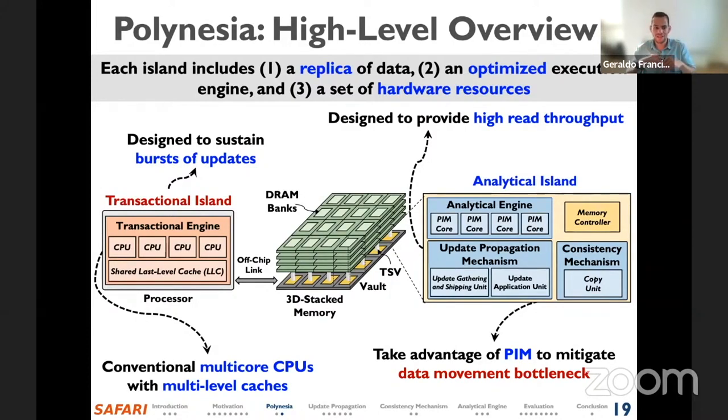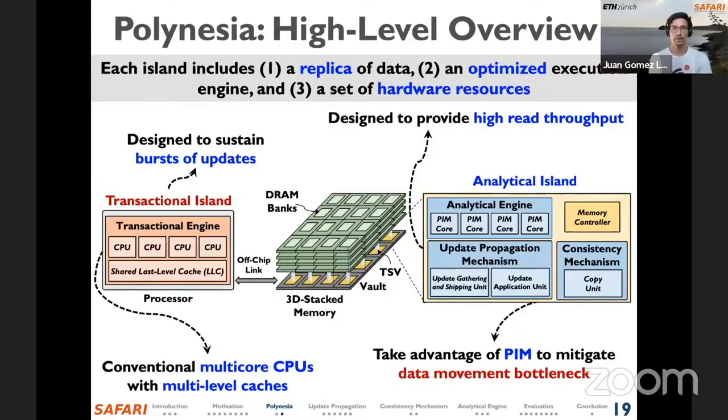When I say replica, you can think about it like, let's say they have pages, like pages from the operating system aspect of it. So there is some area that is allocated for the transactional island, and some pages that are allocated for the analytical island. But both sets of pages are sitting together in the same physical memory device. So it's not another memory or something like that. So this is a good catch. The terminology might be confusing in this case.